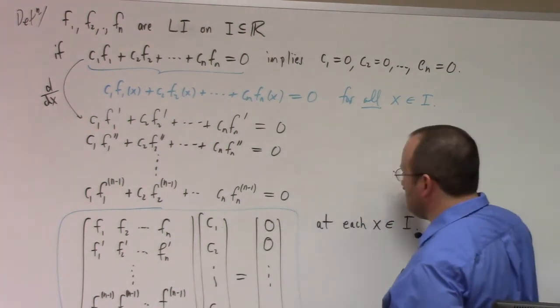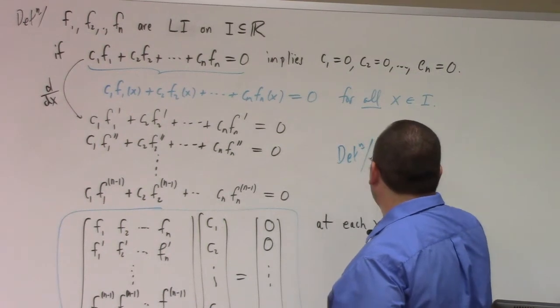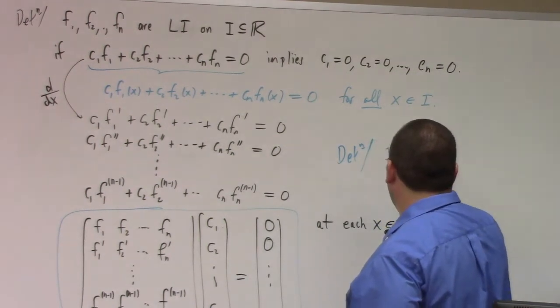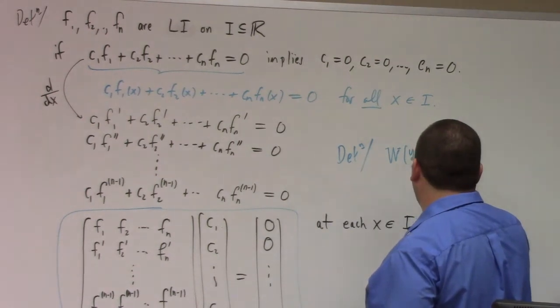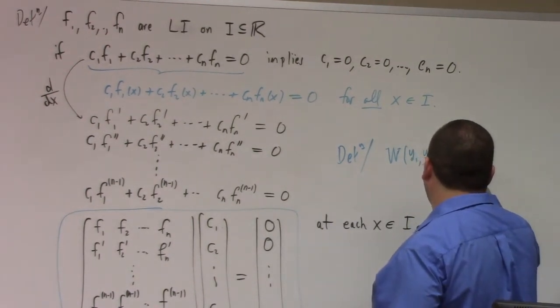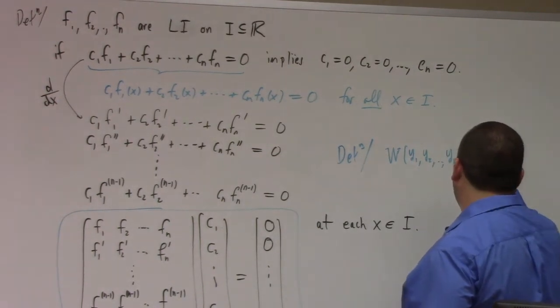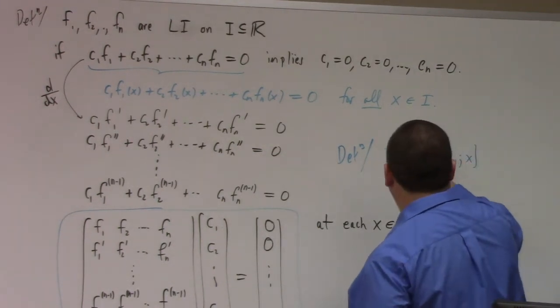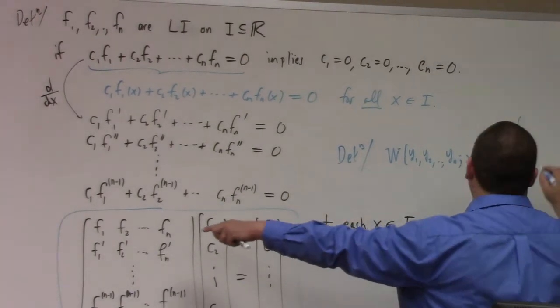So, in fact, we define the Wronskian, W, and I'll use y's because my f's are ugly, of y1, y2, through yn at the point x, to be the determinant of this kind of matrix.